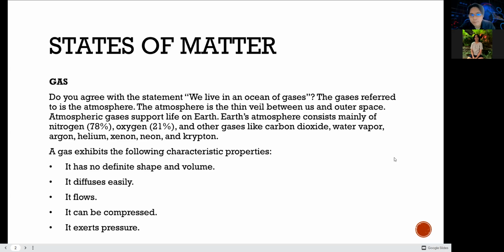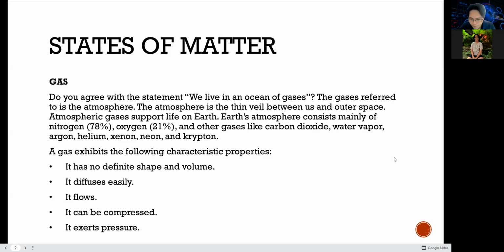That's the property of a gas. It flows. Correct. It can be compressed, just like your tires. It is a compressed gas. And it exerts pressure, just like your air pumps.